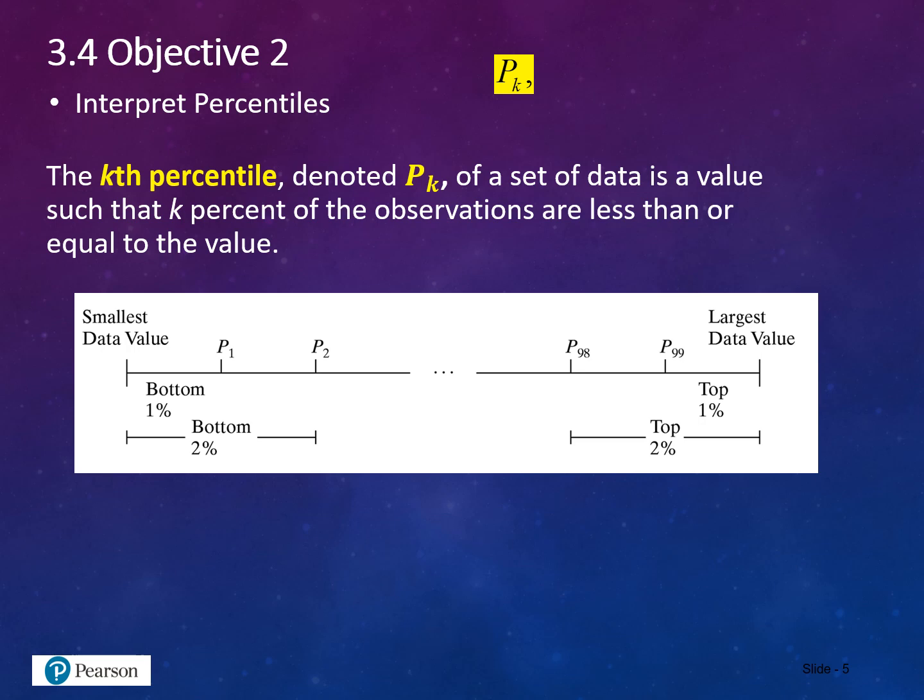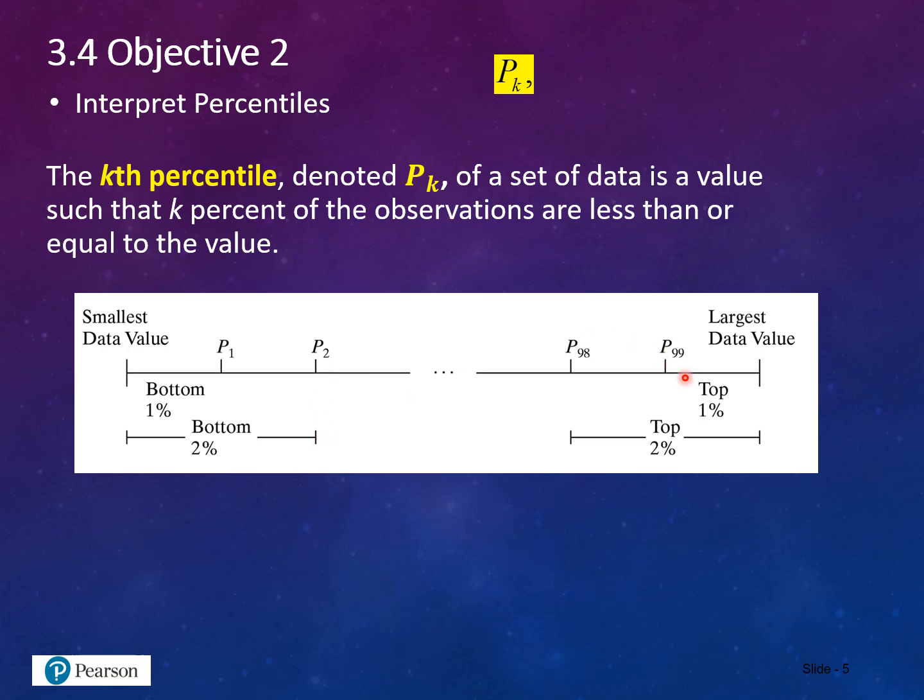Our next objective is to interpret percentiles. The kth percentile, denoted by P sub k, of a set of data is a value such that k% of the observations are less than or equal to the value. So notice here at P sub 2, what this means is that 2% of the observations are less than or equal to P2.